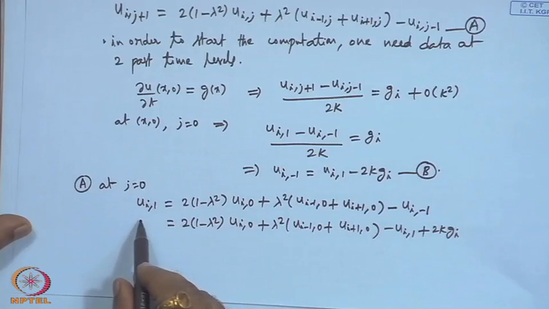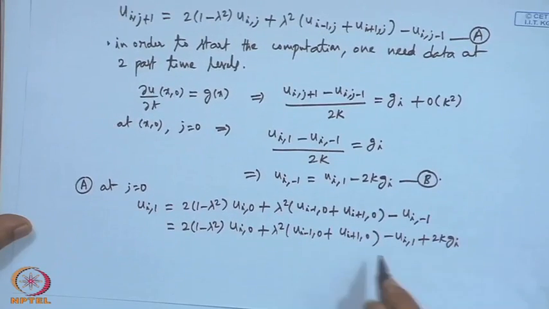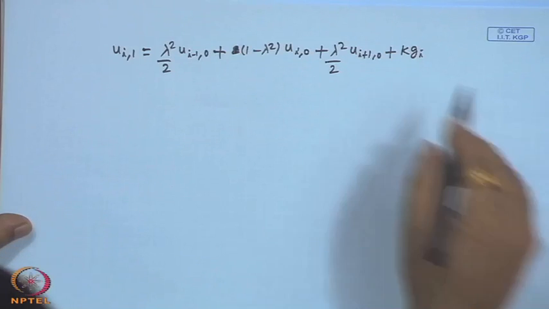So, this will be 2 times. So, everywhere you divide by this. So, you get this.